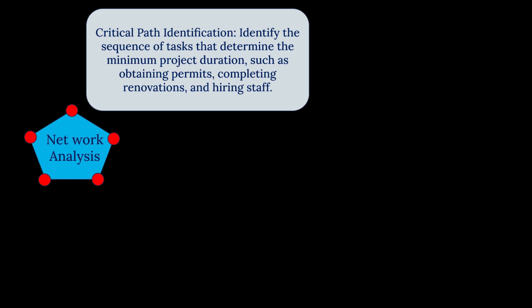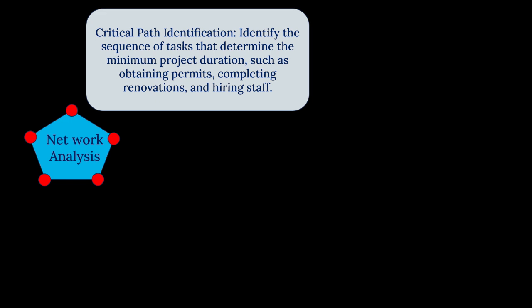I cannot hire the staff in the very beginning and then go for the permits. If I do the hiring of the staff in the very beginning of the project, what will happen? For all these months, when this project will be under renovations or obtaining permits, these staff will be sitting idle because there won't be any place or scope for them to work.